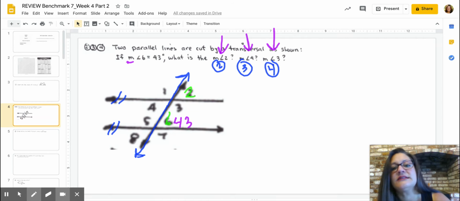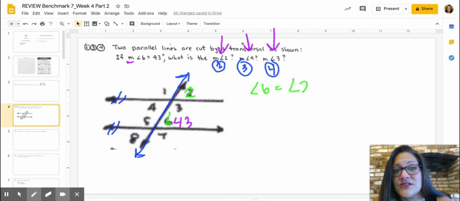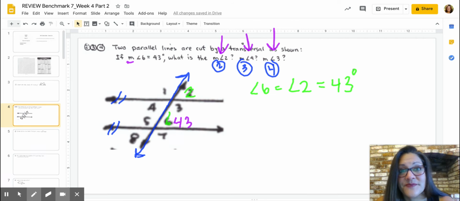That's because they are in the same spot on their lines with the transversal line. So that means angle 6 is the same as angle 2. So angle 2 is 43 degrees. That one was for number 2.